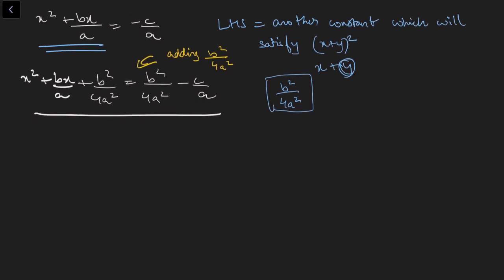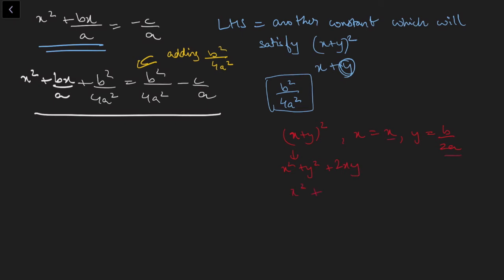and now you'll notice that the left hand side is actually in the form of x plus y the whole square, where x is equal to x and y is equal to b by 2a. So if you simplify this, you're going to get x square plus y square plus 2xy. So let's plug in these values.